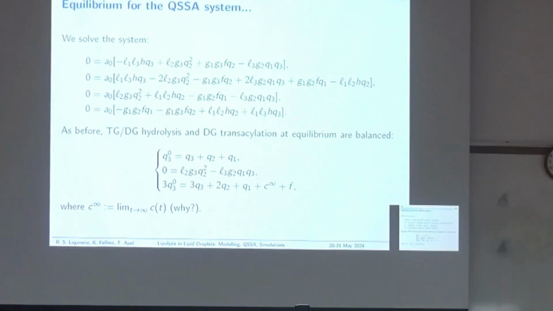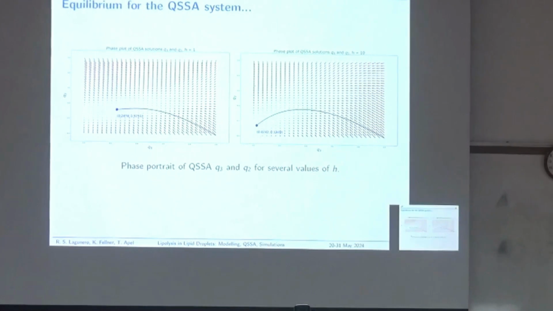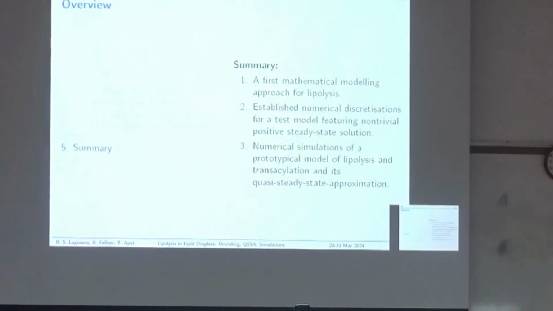So you can solve again all this nonlinear system, but you cannot get an explicit solution, but here are some phase portraits of Q2 and Q3, and finally a summary of what I said. So first, PDE modeling for lipolysis and transacylation. You have numerical discretization, so we use FEniCS.